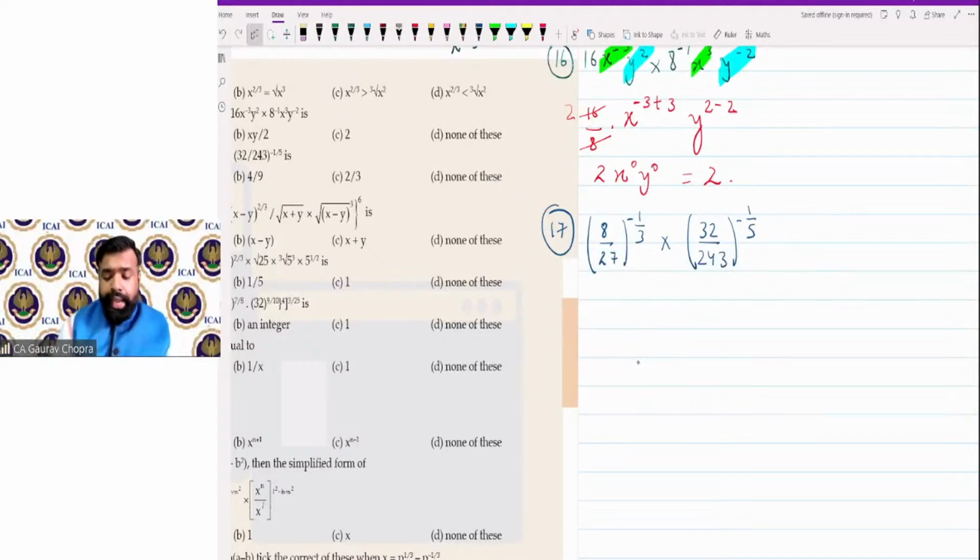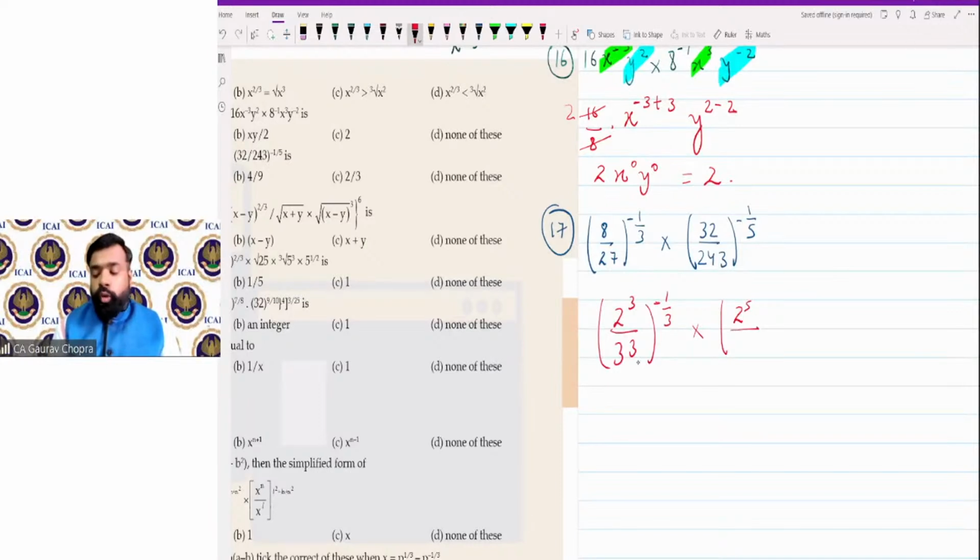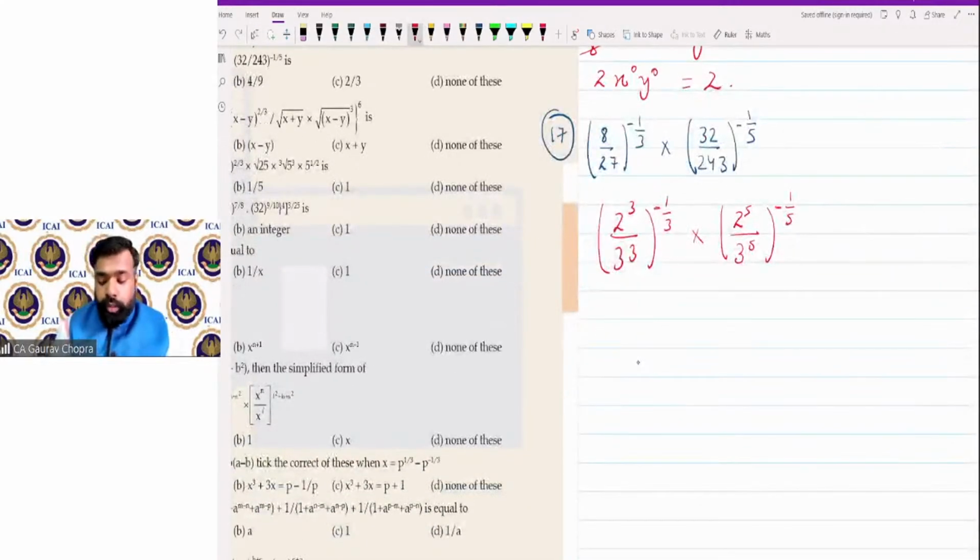So 8 can be written as 2 to the power of 3, and 27 can be written as 3 cube, and whole to the power of minus 1 by 3. Similarly, 32 can be written as 2 to the power of 5 and 243 is 3 to the power of 5, whole to the power of minus 1 by 5. So here the power 3 is common.